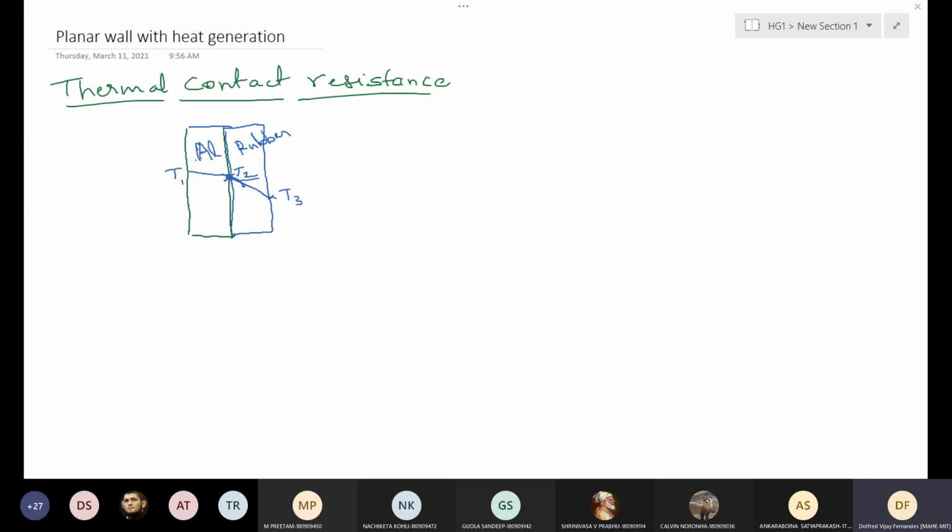Wherever there is a contact between the atoms, through that contact there is conduction. If two peaks come in contact with each other, there is material to material contact. But when valleys come in contact with each other, that means there is an air gap between the surfaces.